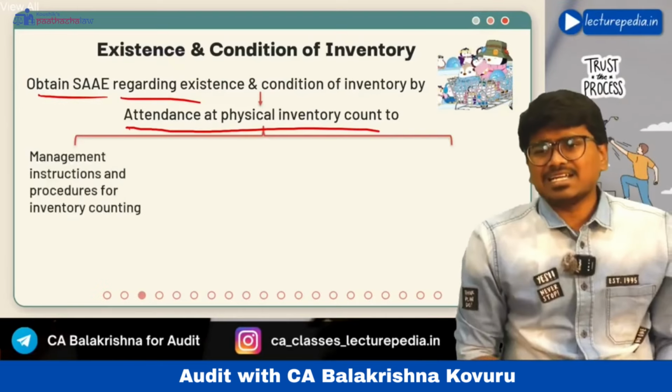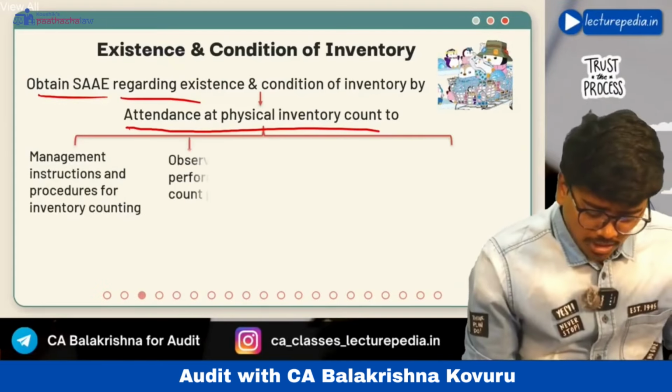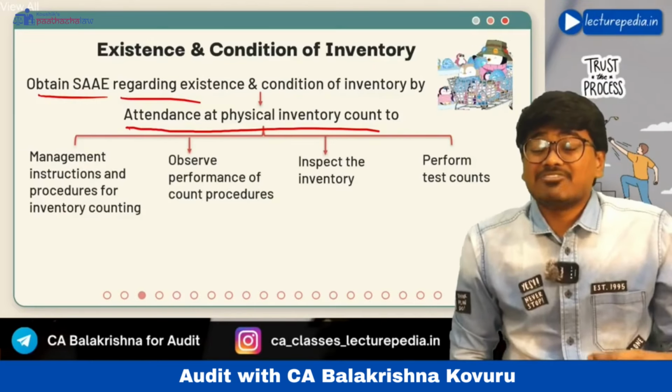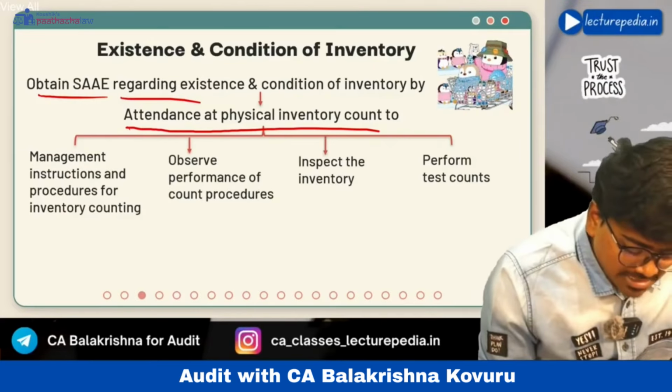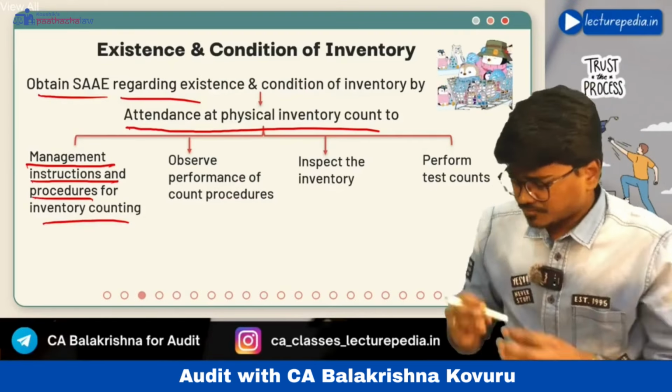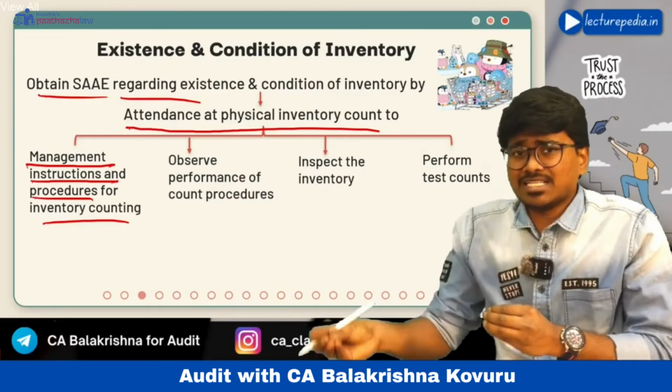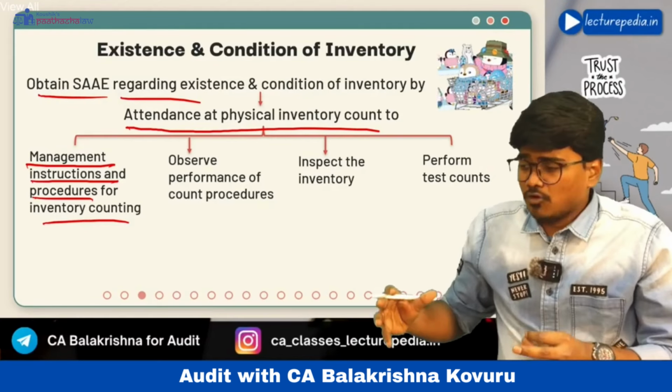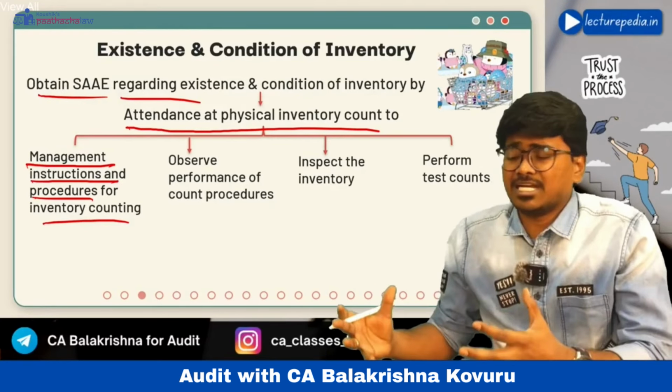Now, by attending the physical inventory count, what should you do? You have to evaluate the management's instructions and procedures for inventory counting. For counting the inventory, management would have been following a certain procedure and policy.